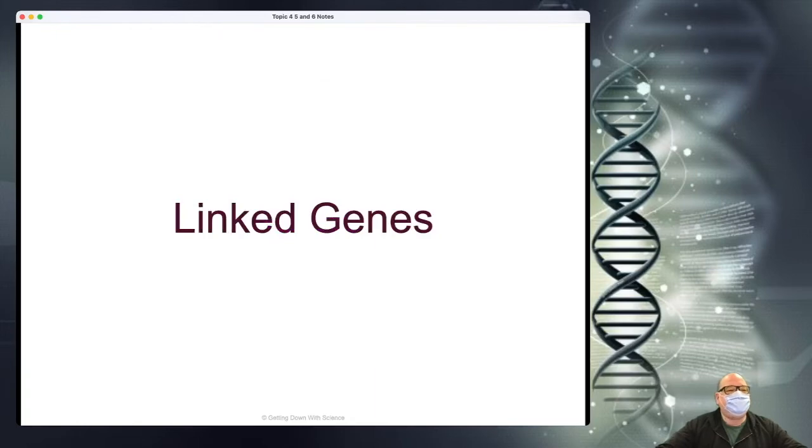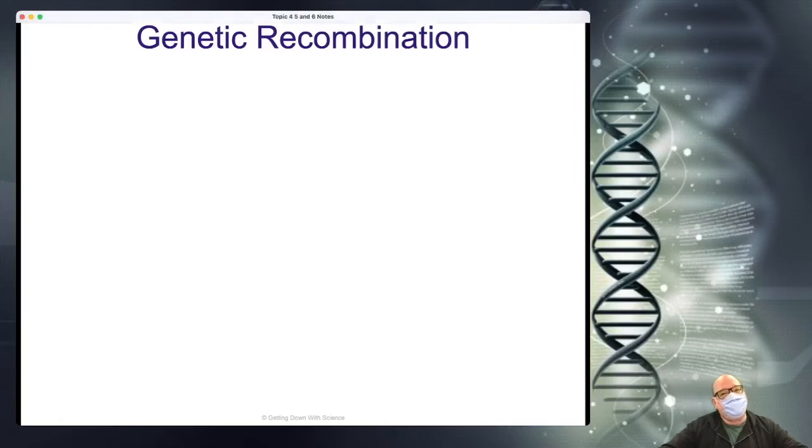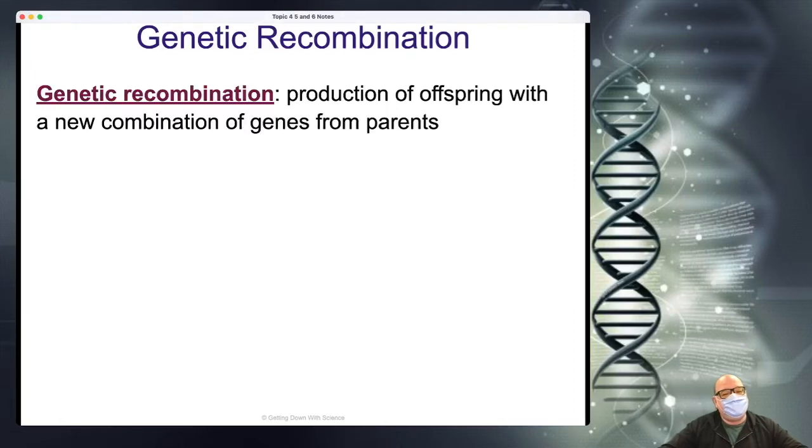All right, linked genes. This gets a little complex. With linked genes, we're going to start getting into some math. Let's take a look here. This is a review. Genetic recombination is where we get offspring with new combinations of genes from parents. In other words, you have a copy from mom and a copy from dad, but those copies are scrambled due to multiple reasons that we have already learned.